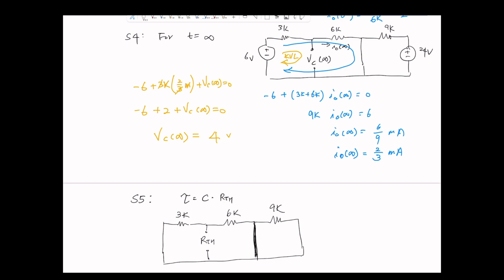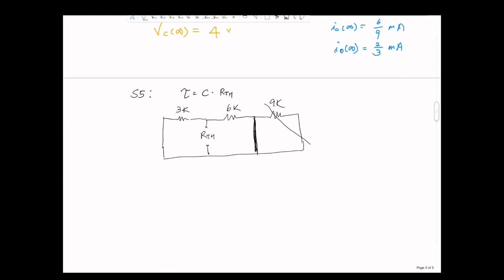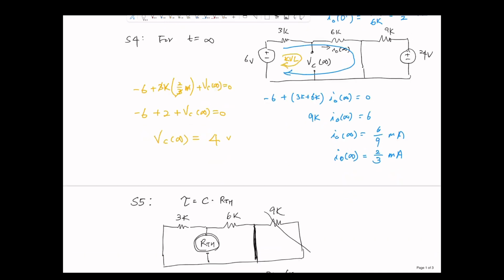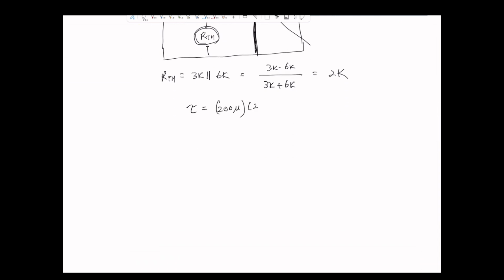Because of this short circuit, we don't have to worry about the 9k, because it is parallel to a short circuit, which gives us nothing. Therefore, RTH equals 3k parallel to 6k. They are not in series because we need to look from RTH. 3k times 6k over 3k plus 6k is 2k. Therefore, tau equals capacitance of 200 micro times 2k, that is 0.4.